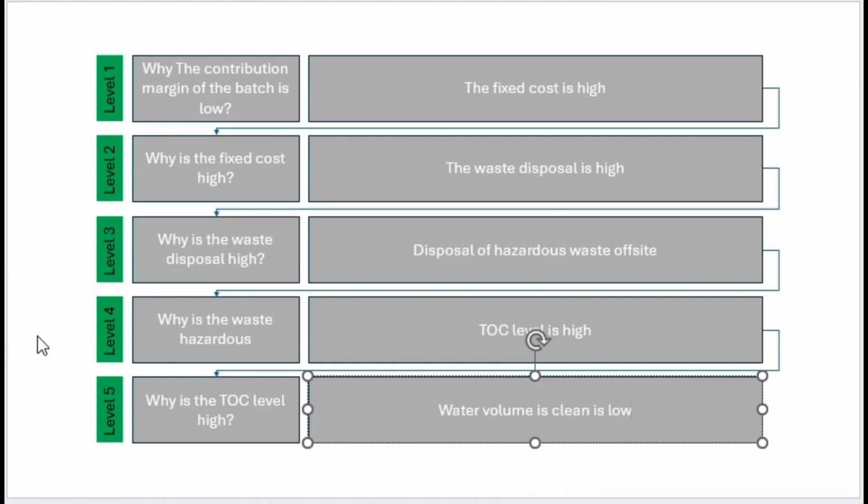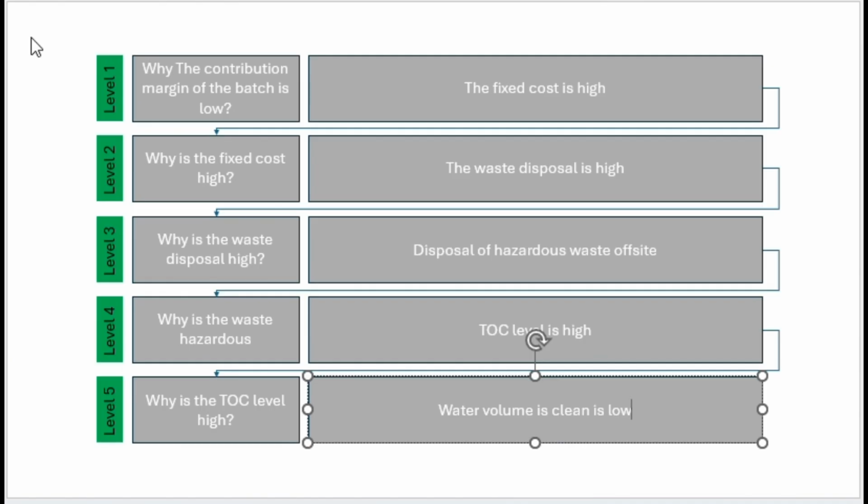Could be the product is thick, right? So when you finish the batch, there will be a lot of product left on the agitator, on the walls, on the baffles of the reactor, and that's why you have a lot of organic left over, right? But then you got the essence of the issue, the main reason behind the issue, which is the batch being low margin.